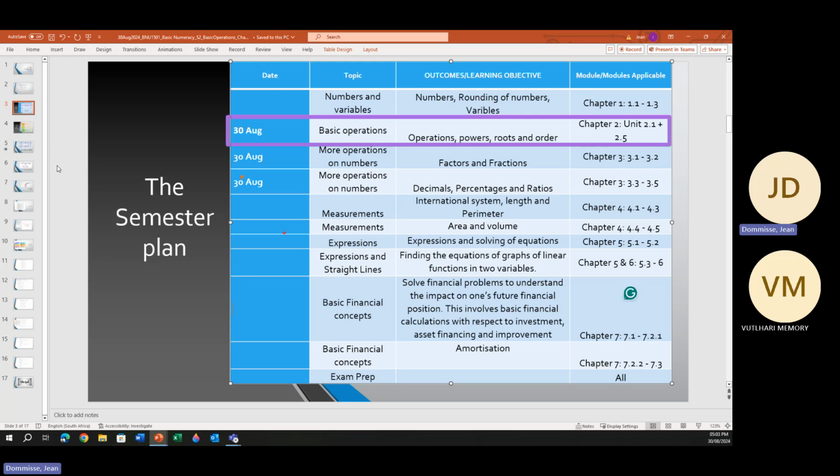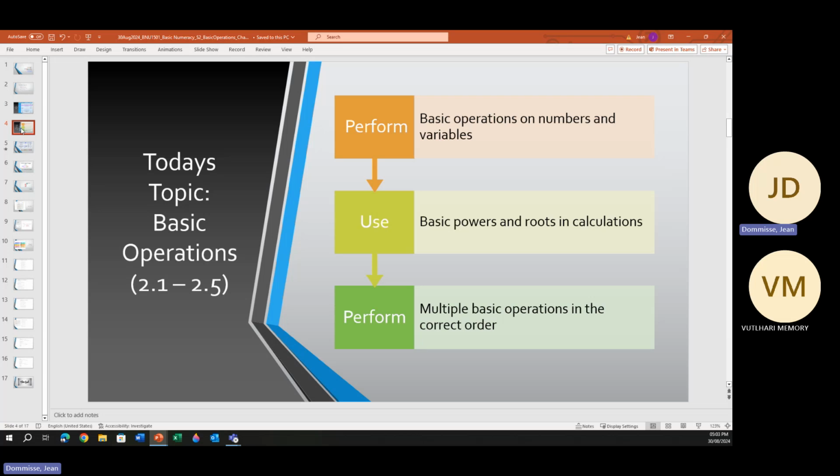Okay, so basically we're looking at operations. We're going to look at basic operations on numbers and variables, then into powers and roots, and then a combination of all of that in some operations that you need to perform.